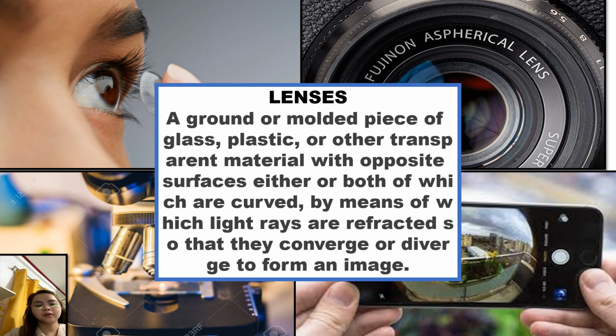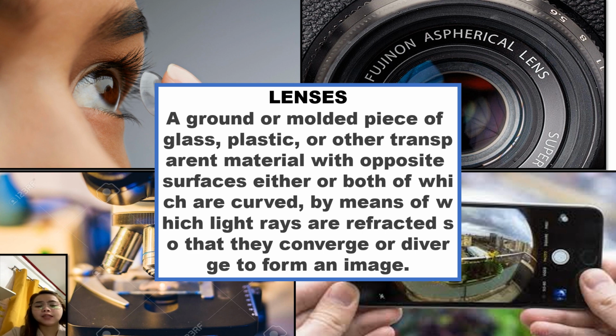After discussing the mirrors, we have here now the lenses. We are also exposed to lenses. We have contact lenses. We already have lenses inside our body, which are our eyes. There are also the camera lens, telescope, microscope, and our phones.